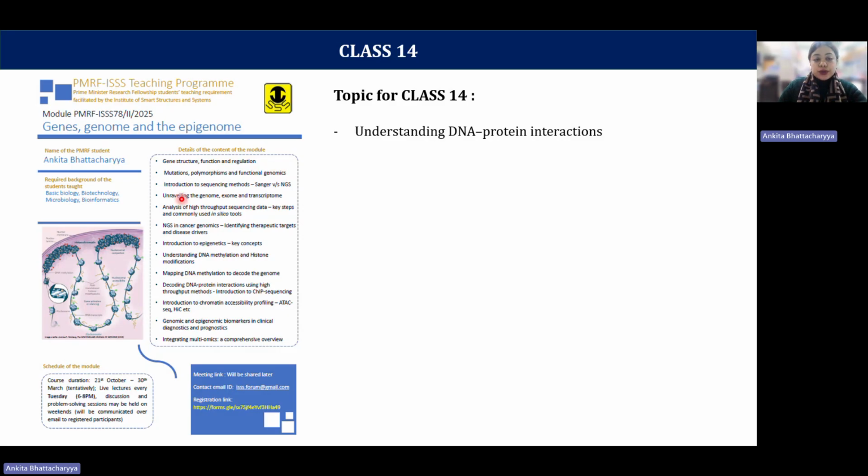Next, we moved on to unraveling the genome, exome, and transcriptome. We understood the way in which the chromatin is packaged, how it works, what the different tools are which you can use for unraveling the genome, exome, and transcriptome, and what the key steps are that are part of it. We discussed pre-processing of sequencing data. We first understood how sequencing strategies work, what the different attributes are that you should know at that point of time.